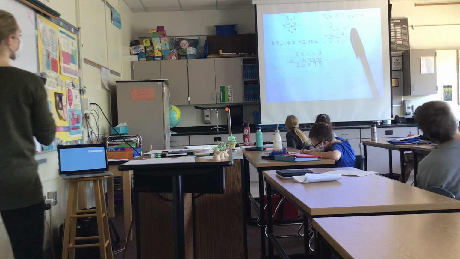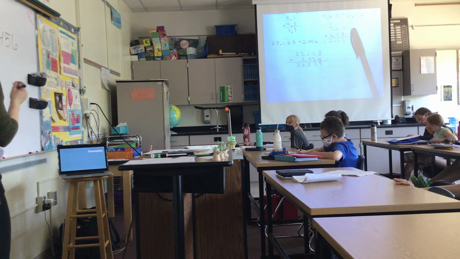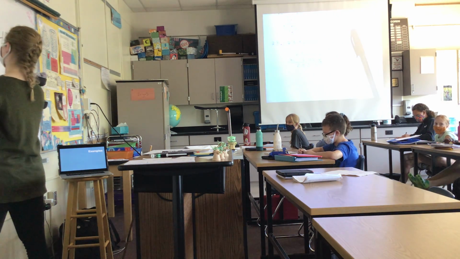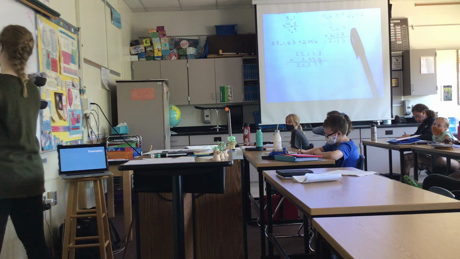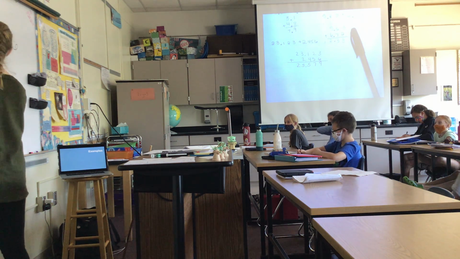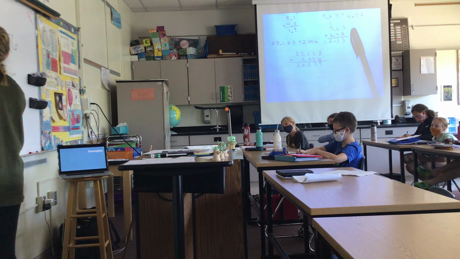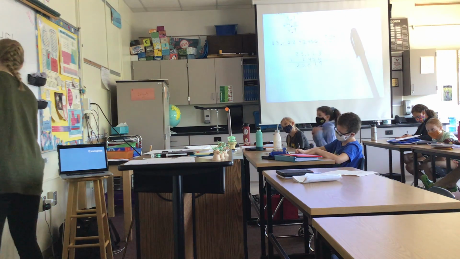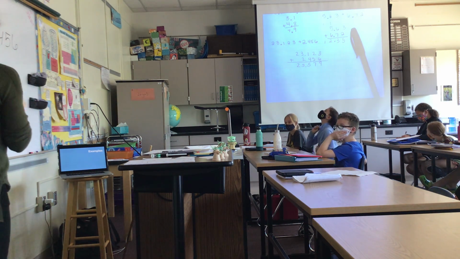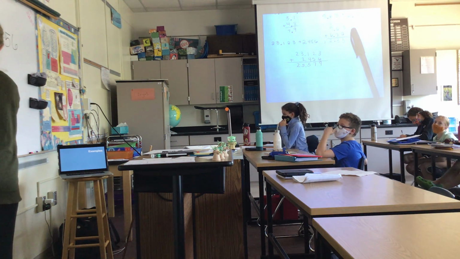So you guys can all look up here, because I'm going to write it on the board. When we're talking about decimal points, let's say we're talking about 3.5. I can either say 3.5, or I can say 3 and 5 tenths. The decimal point lines up with the word "and."